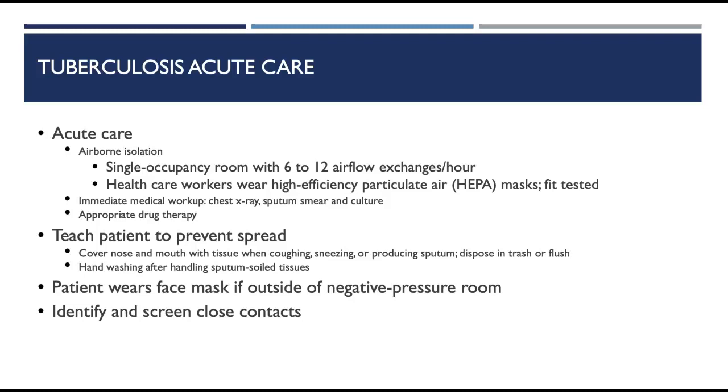You can also wear the CAPR or PAPR, depending on the one, that kind of makes you look like a stormtrooper. And then immediate medical workup and chest x-ray, sputum smear, and culture needs to be done, and checking for appropriate drug therapy.